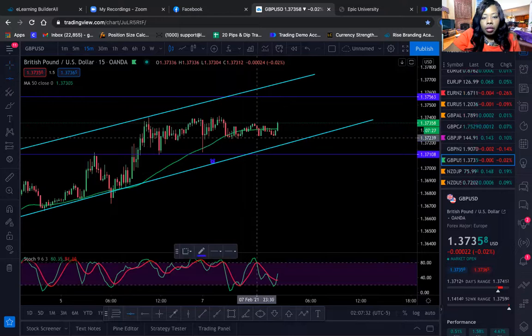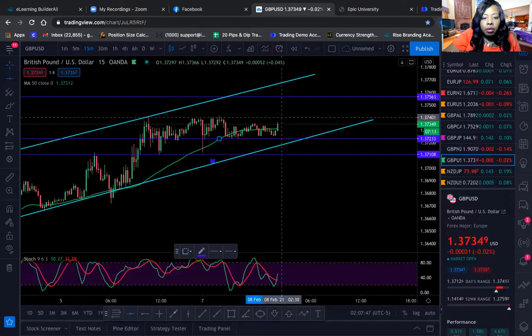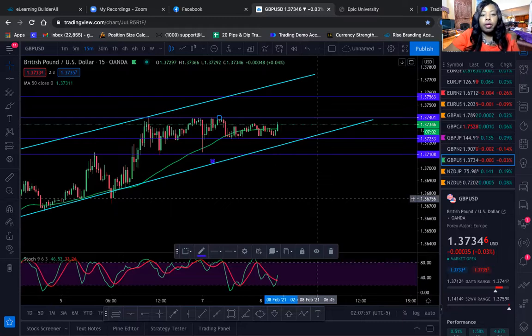We can even put a line here because this zone is respected. We'll call it a zone, okay? And as well as another horizontal line can go here because I'm seeing major repeated areas of support and resistance on this pair here, okay?